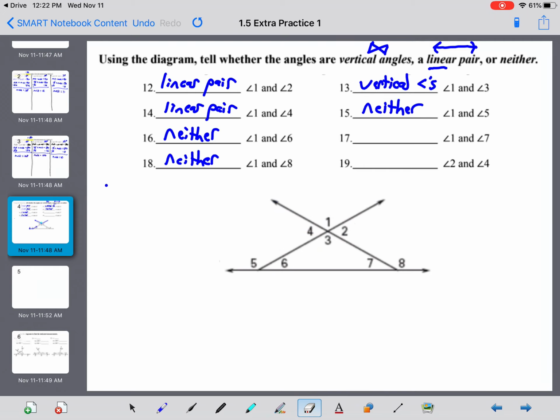Angle 1 and angle 7. So here's angle 1, here's angle 7, and again, neither. Angle 2 and angle 4. Well, there's our bow tie, angle 2 and angle 4. They're vertical angles.